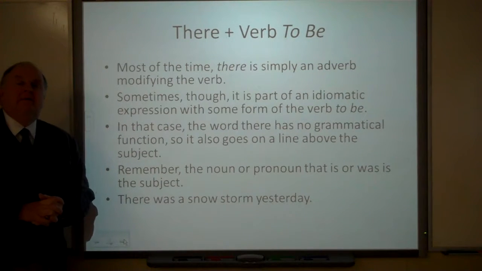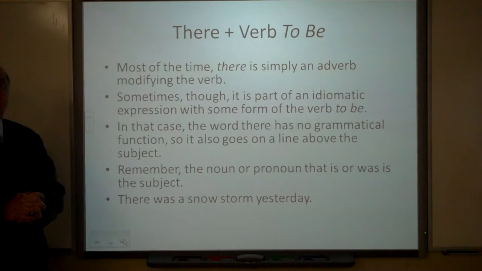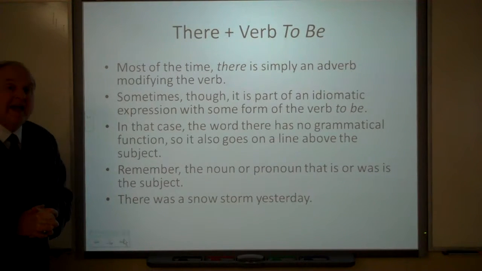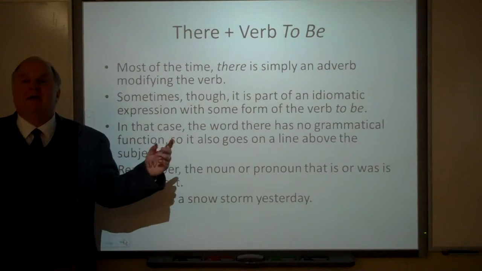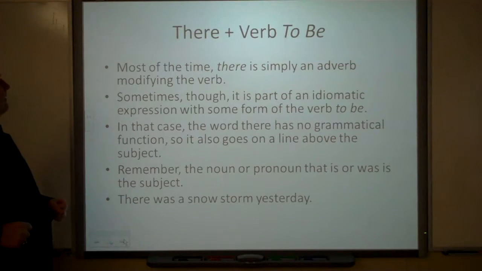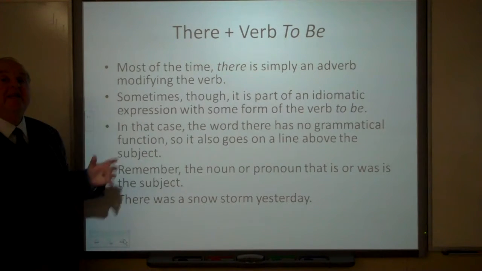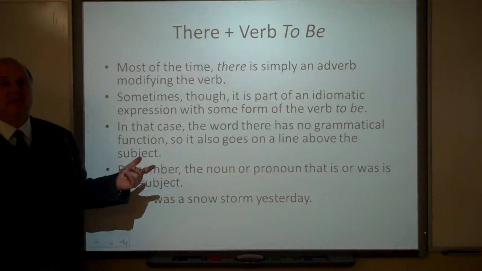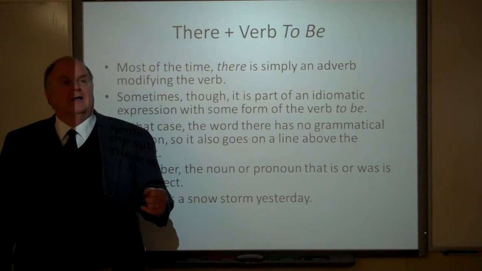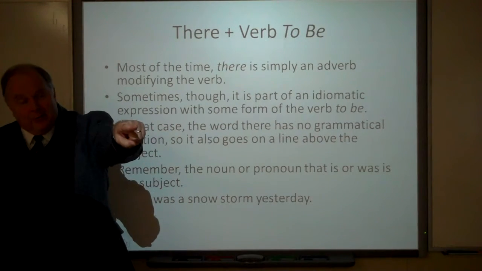You might recall that sometimes the word there plus some form of the verb to be, is, was, were, has been, have been, and so on, is an idiomatic expression. Sometimes there is simply an adverb modifying the verb. We say, there it is. You're pointing to there.